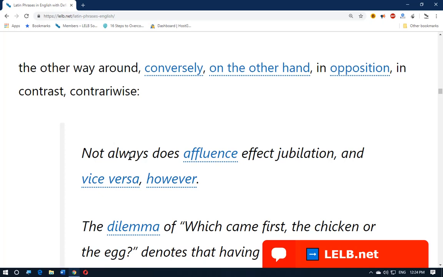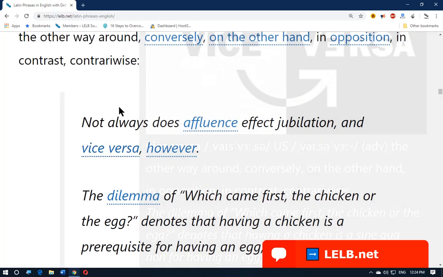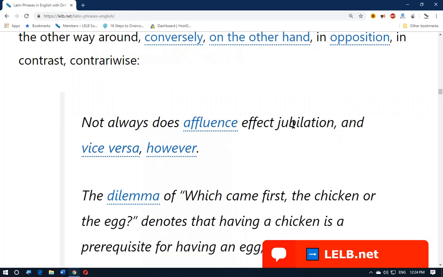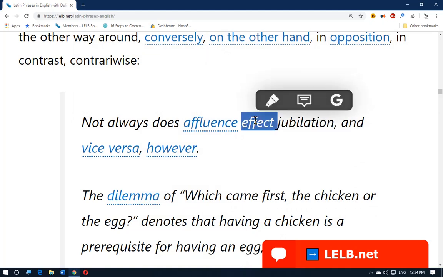But this is not a question. So some other examples are not only, neither, barely, seldom, rarely, only, and some others. And pay attention, jubilation means happiness. Effect, it's not affect, it's a verb, and as a verb, effect means to bring a result, to yield something.